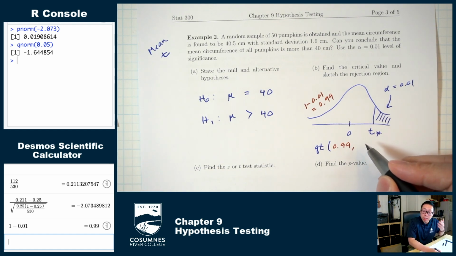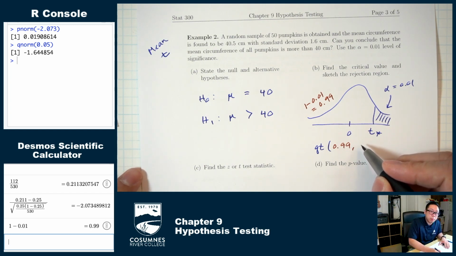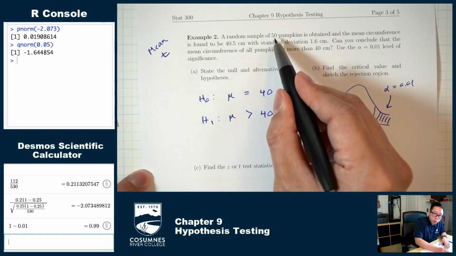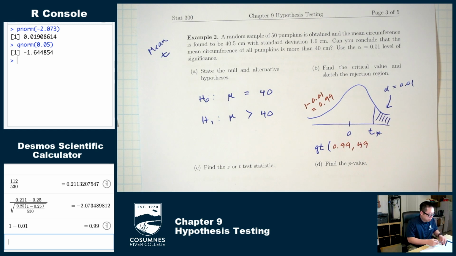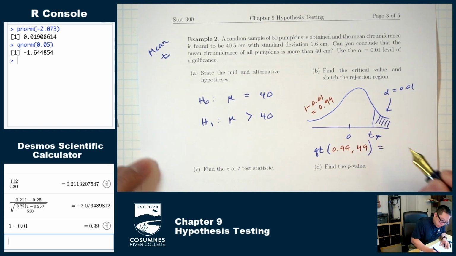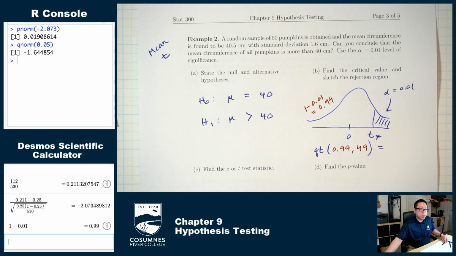This is the same as in chapter 8. Degrees of freedom is 1 less than the sample size. Our sample size here is 50 pumpkins. 1 less would be 49. So in R, QT 0.99, comma 49. Okay, 2.405.